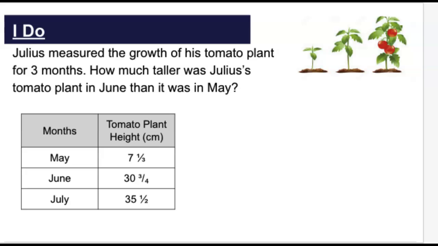So I'm looking because my problem is talking about taller, and it's talking about in June than it was in May. So now that I know what I'm looking for and I understand what the question is asking me, I'm going to come down and find how much the tomato plant was in May and in June, and this information is in my table.